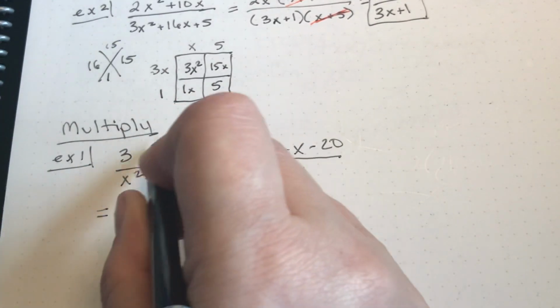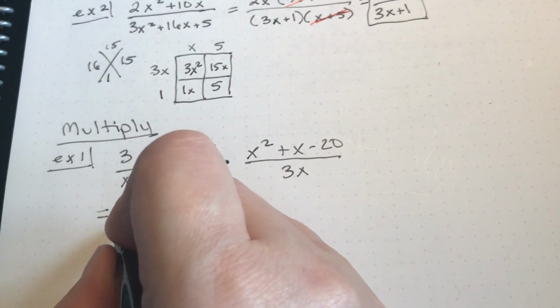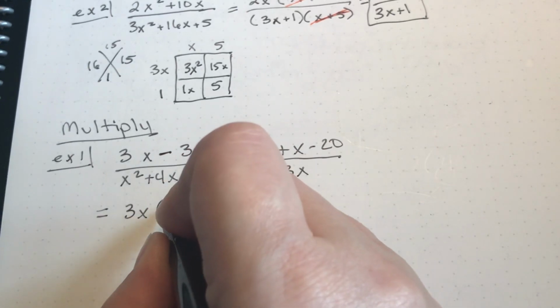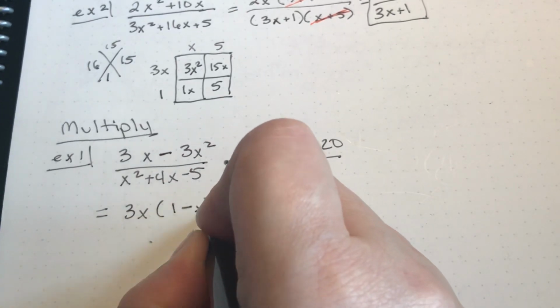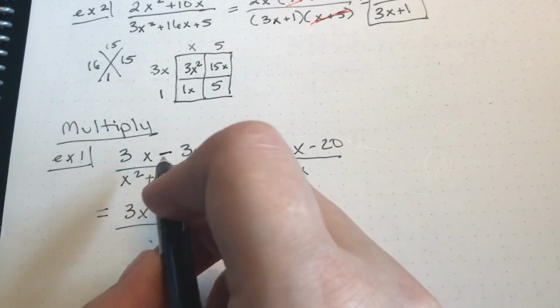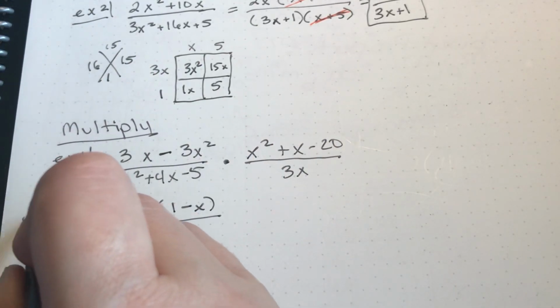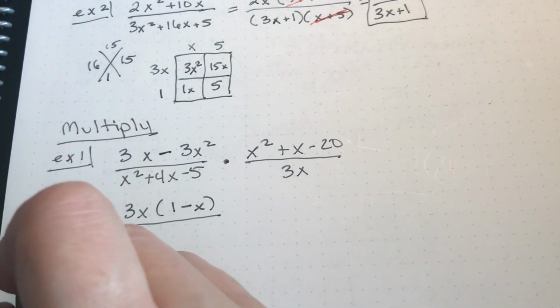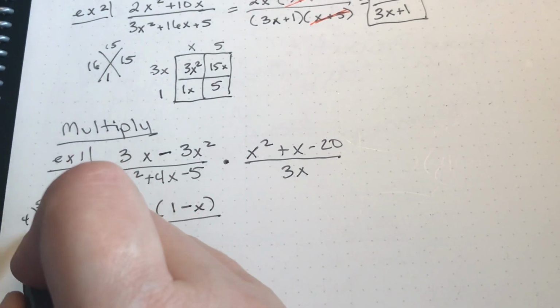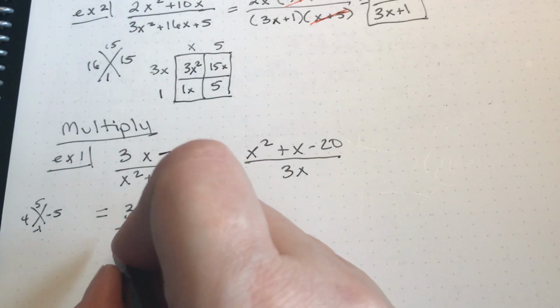So in this, the greatest common factor is 3x. So I get 1 minus x. Down here, if I make my little diamond, it's 4 and negative 5. So it's going to be 5 and negative 1.